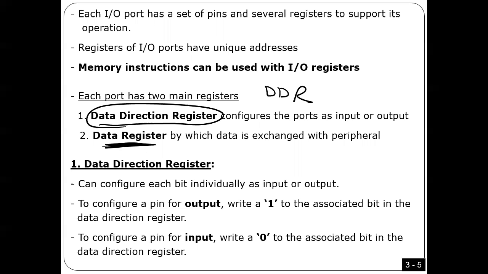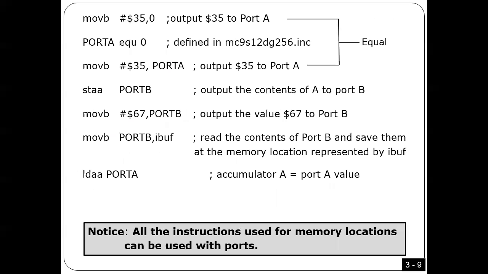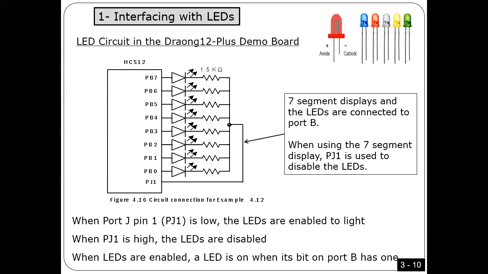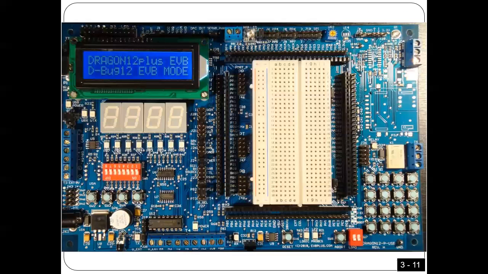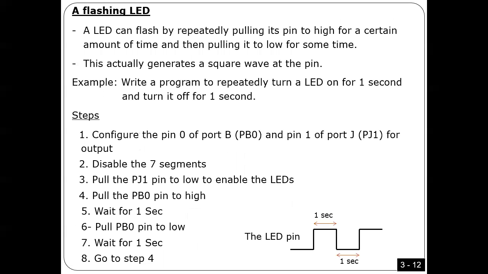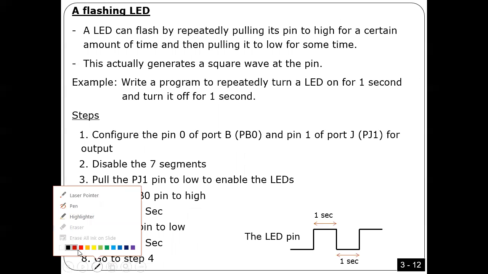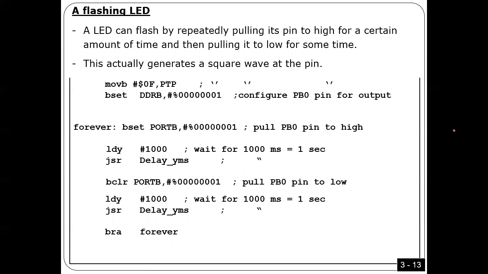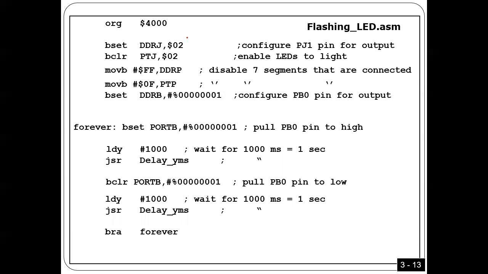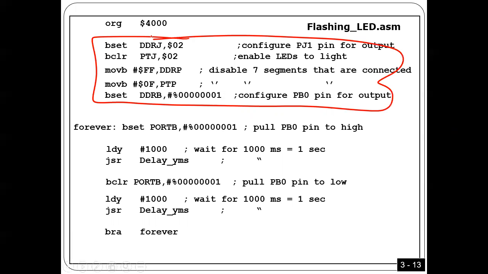Anyway, last time I also started to explain how we can make a flashing LED, and this is the way we did it here. As I told you, in the very beginning we have the configuration.